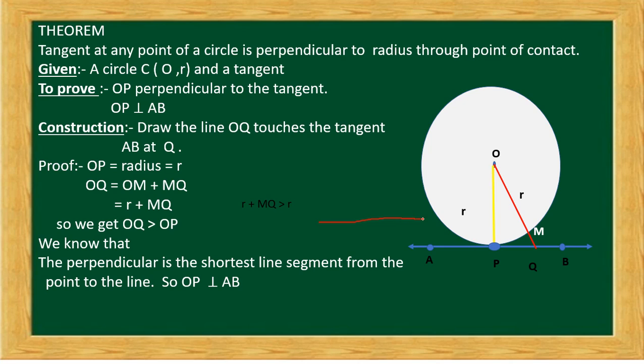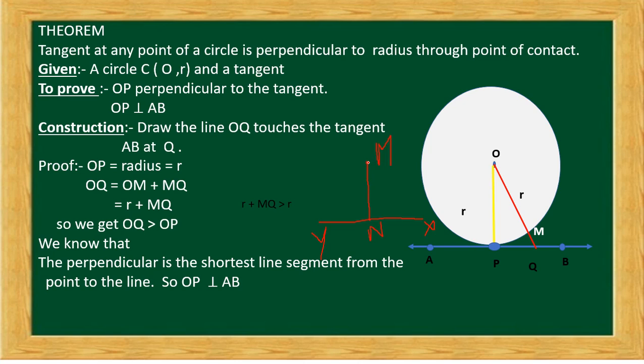So if a line is there, let's take XY as the line, and we take a point here, say M, and when we draw a line to XY from this point M, let it meet at point N. Now in the earlier class we proved this line MN is perpendicular and it is also the shortest distance.